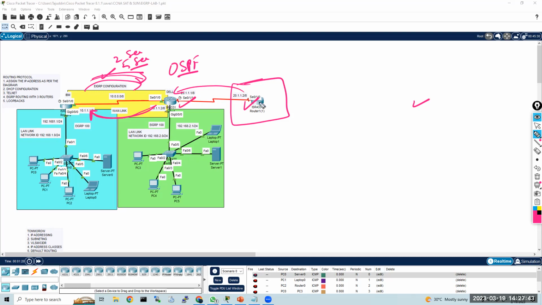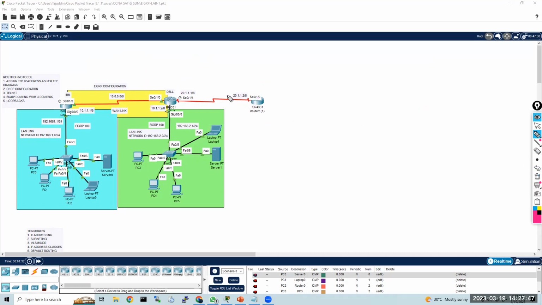Say for example, in this scenario, we have not added this router. I'm talking about EIGRP. Frequent update: it will send every 5 seconds. If any update has happened when you add it here, then only it will send.